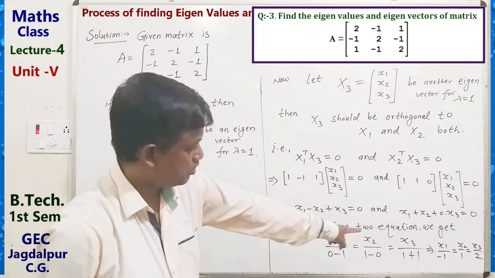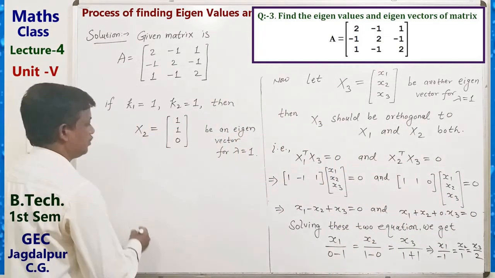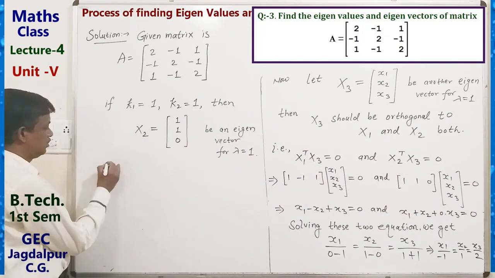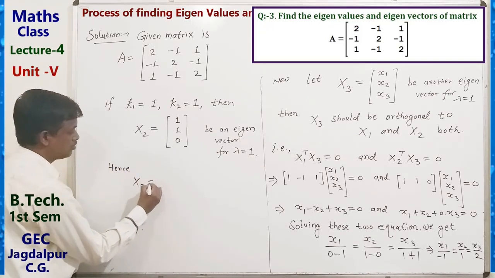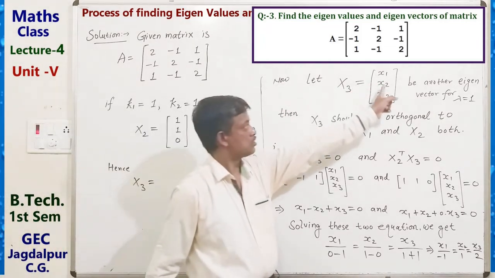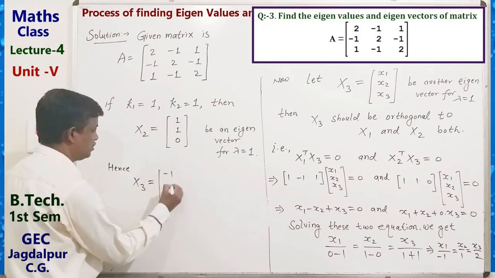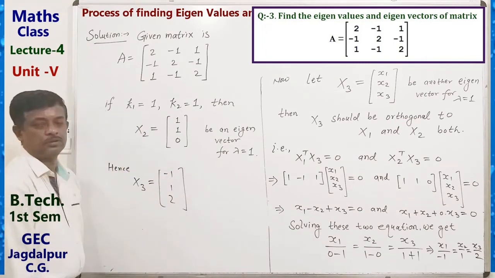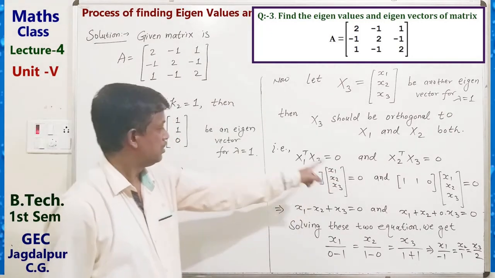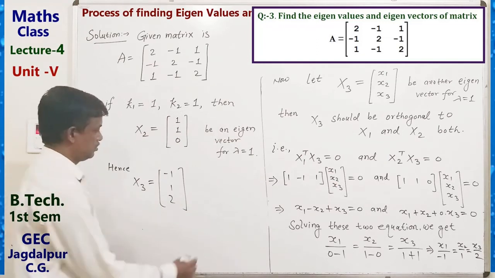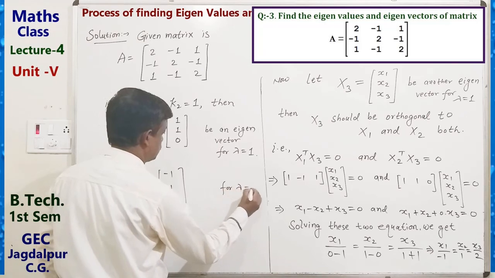So x3 equals (minus 1, 1, 2). So this x3 is orthogonal to x1 and also x2 for lambda equals 1.